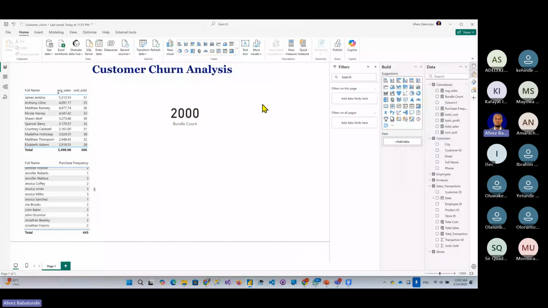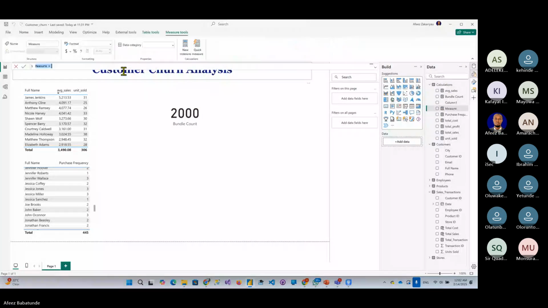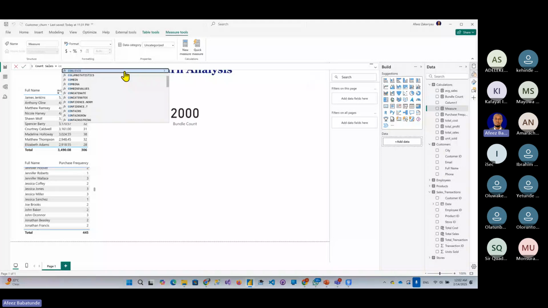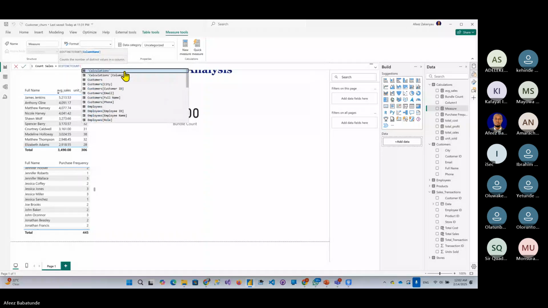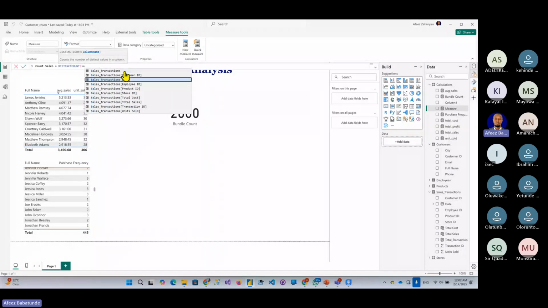Let me say I have this distinct count, and this is equal to DISTINCTCOUNT of transaction ID.